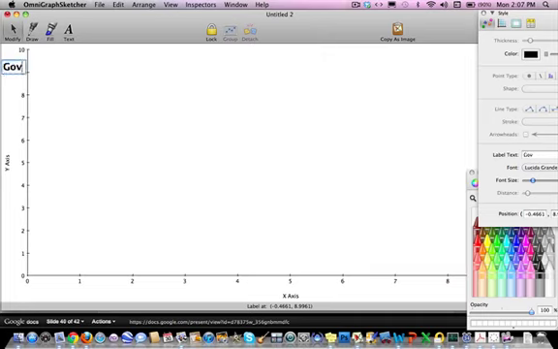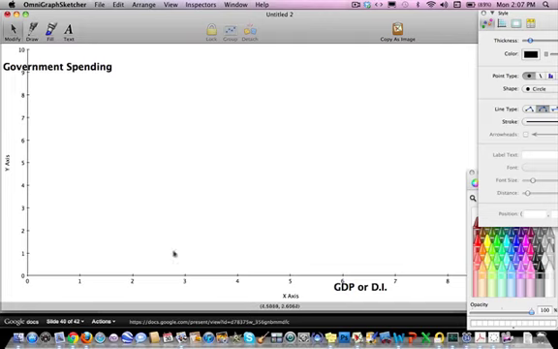On the y-axis, I'm going to have government spending. I'm going to isolate each variable now. And on the x-axis, I have GDP, otherwise known as disposable income, because they're equal, remember?